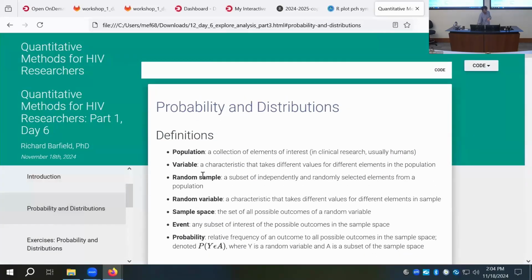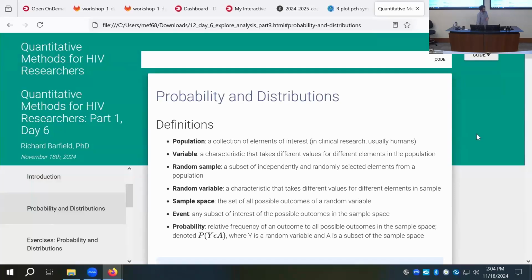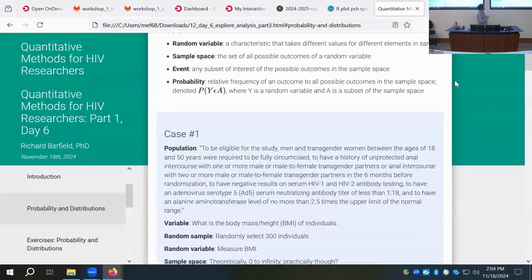All right, so we have our probabilities. And let's talk about our case study 1. To be eligible for that study, the men and transgender women between the ages of 18 and 50 years were required to be fully circumcised, to have a history of unprotected anal intercourse with one or more male or male-to-female transgender partners, or anal intercourse with 2 or more male or male-to-female transgender partners in the 6 months prior to randomization.